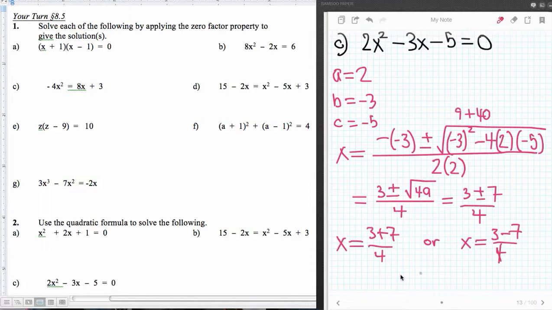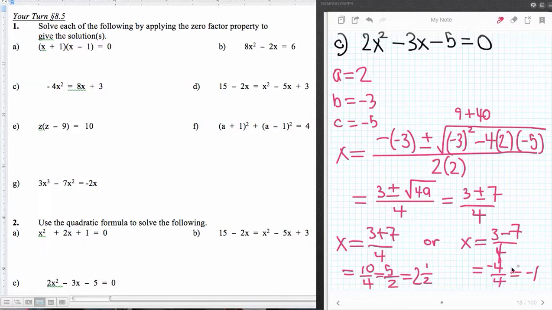And so in this case over here, we have 10 over 4, which would be the same as 5 halves. And 5 halves will look like 2 1/2. And so there's the one answer there. Or over here, it looks like a negative 4 over 4, which is equal to a negative 1.